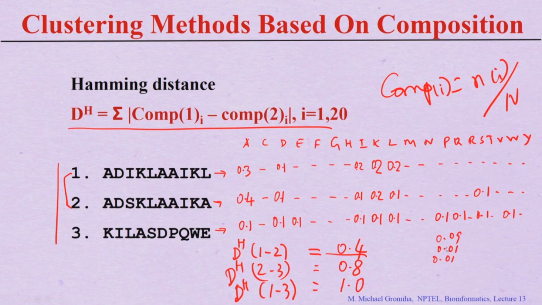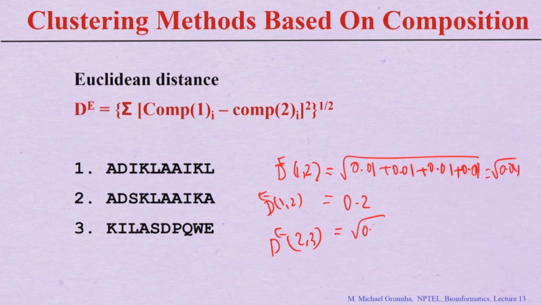So, that means 0.01 into 5. That is 0.09 plus 0.05, equal to 0.14. So, the root of 0.14 is 0.3 something, right. Likewise, d e of 1 comma 3, what is 1 comma 3?